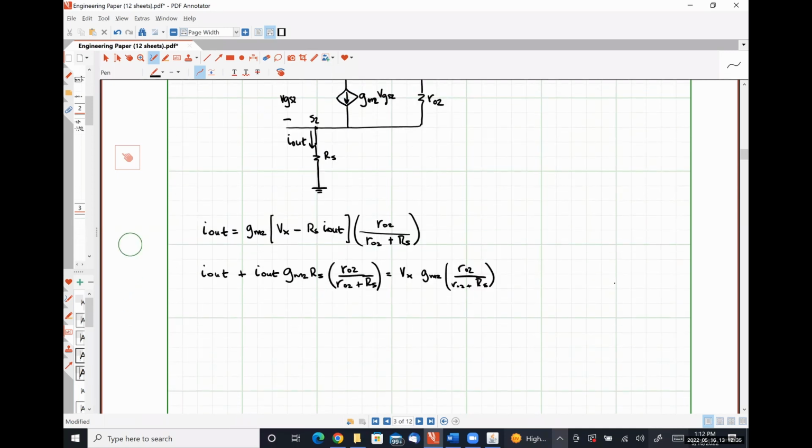And let's see here. So I'm going to call this I out times 1 plus GM2 times RS multiplied by R naught 2 divided by RS plus R naught 2. That's just RS in parallel with R naught 2.